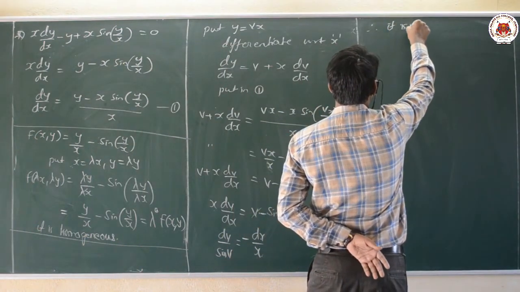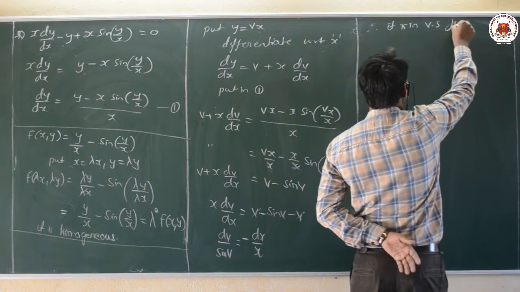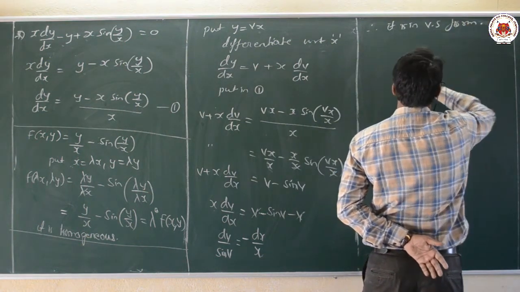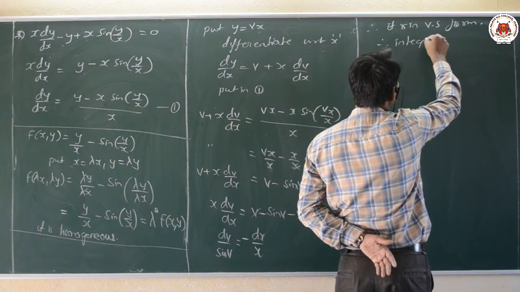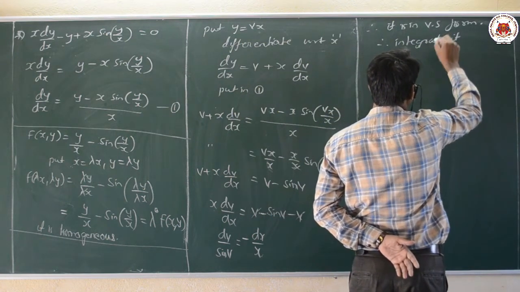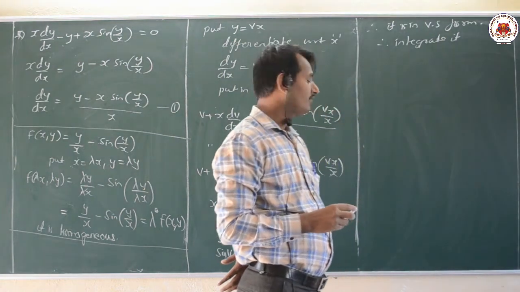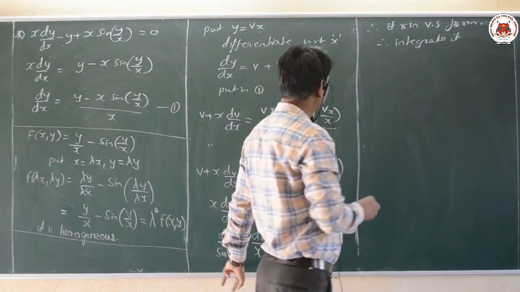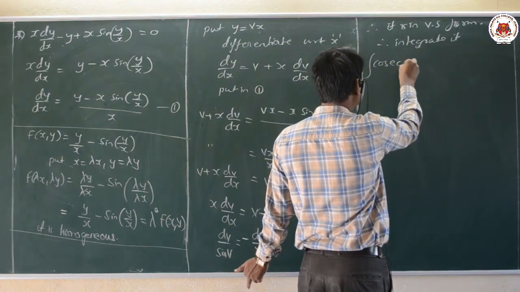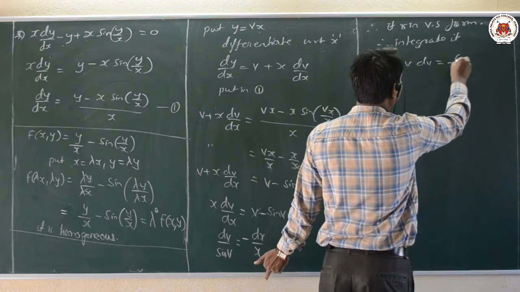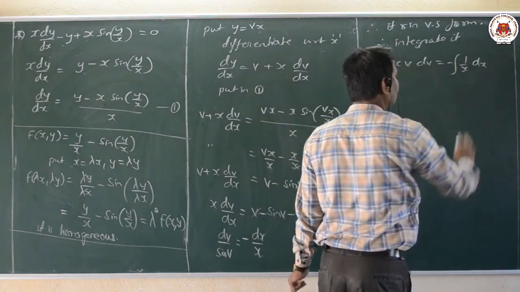Therefore it is in variable separable form, and therefore integrate it. Before integrating, 1 by sine v is cosecant v dv equal to minus 1 by x dx.